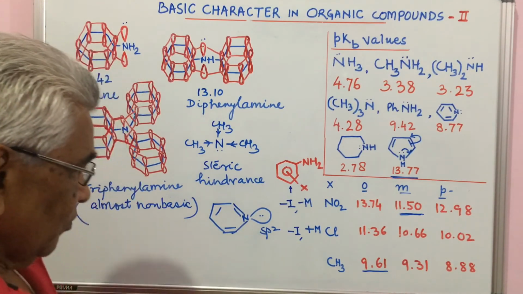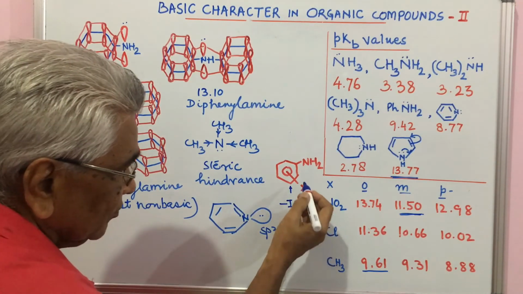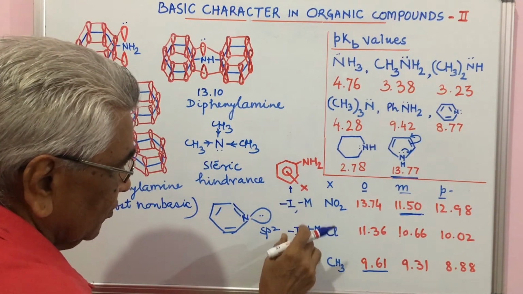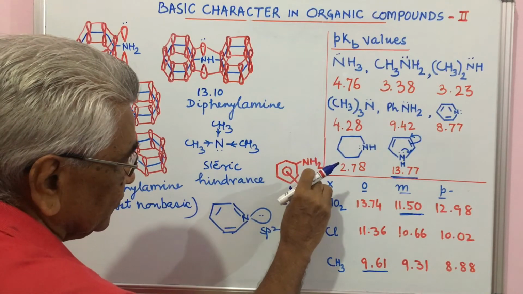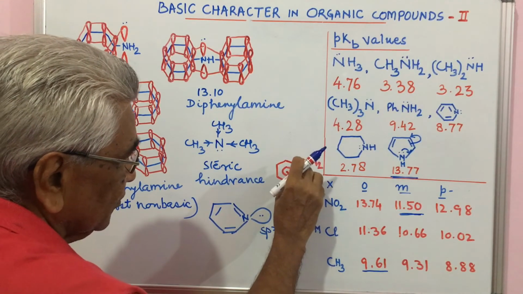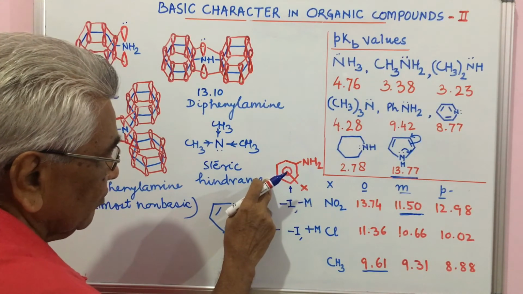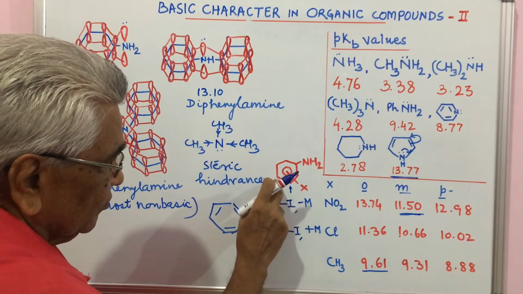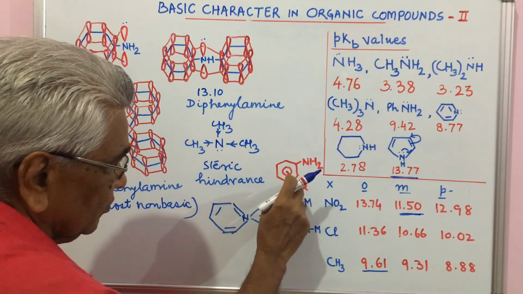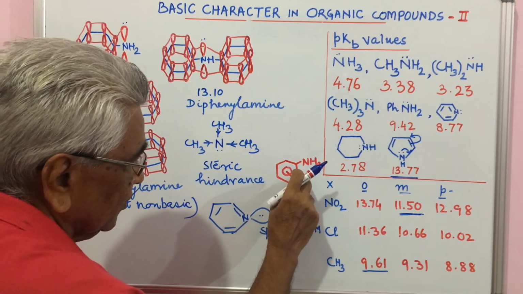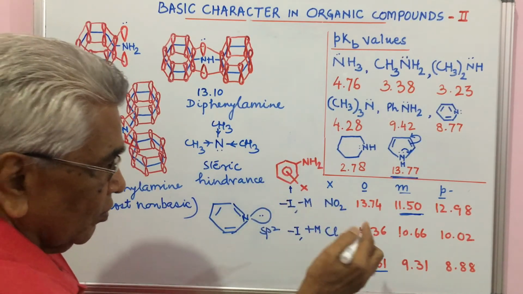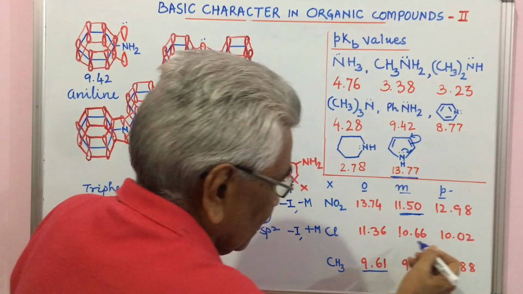So, when you are having this at ortho position, this minus I is the strongest because of the nearness, then comes meta, then comes para. So, here there is lesser withdrawal than here and then this. So, these values are accordingly.